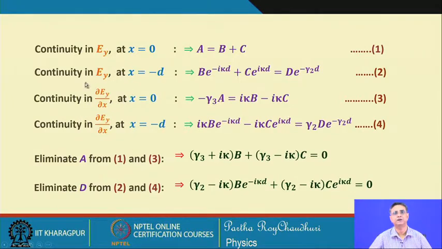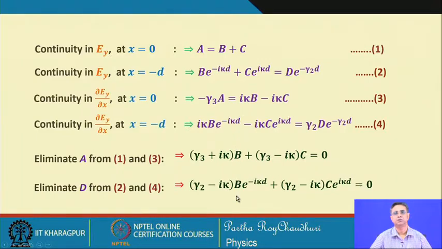Then we look at the continuity of the derivative of the field. This is the same routine we follow for the continuity conditions: the tangential component Ey and its derivative. That gives you this equation. Now, we have to do a little bit of algebra, which will give you this condition from 1 and 3. If we eliminate, we can write this equation, and if we eliminate d from 2 and 4, then we will get this equation.